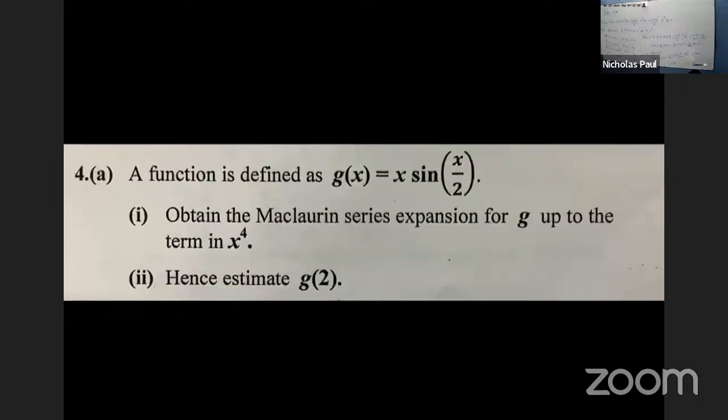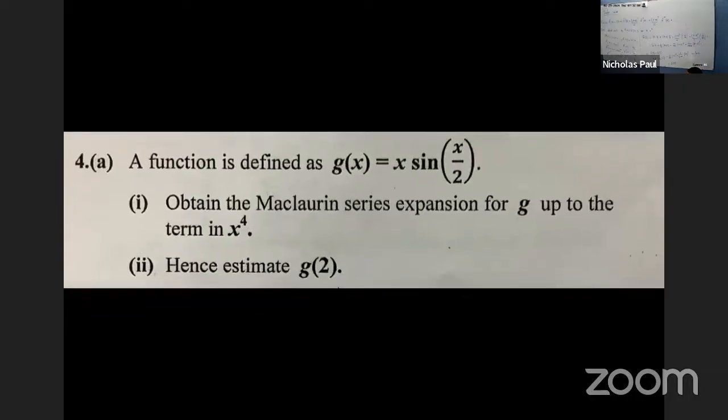Maclaurin's. Please remember in Maclaurin's, a is 0, right? Let's do a Maclaurin's there, up to x to the 4th. How do you differentiate x sin x over 2? Multiply, product rule, right?